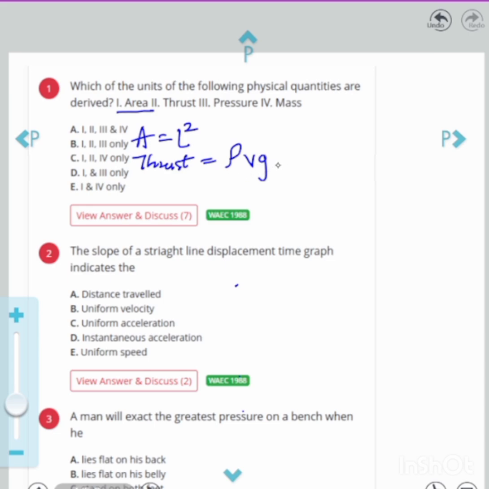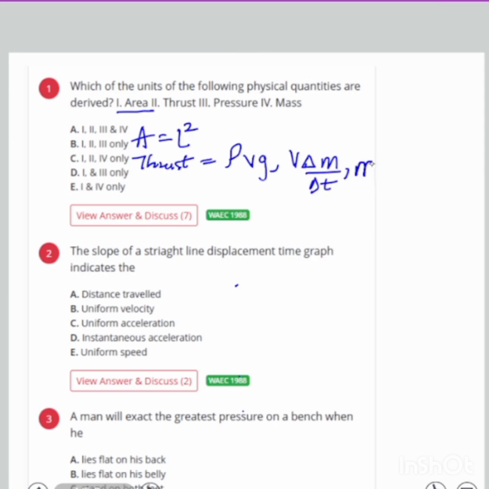And we also have other formulas where we say velocity times mass flow rate. That's more like an advanced section of it. But in simplification, that would be change in mass over change in time, of which all of these things boils down to mass times acceleration, or mass times acceleration due to gravity.